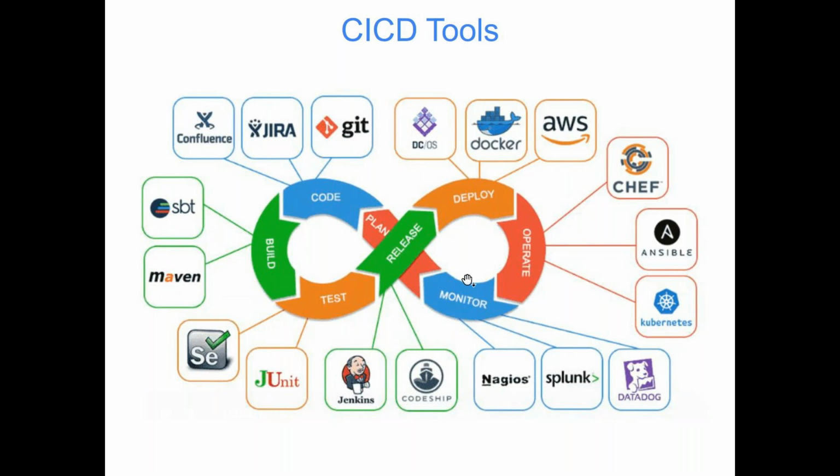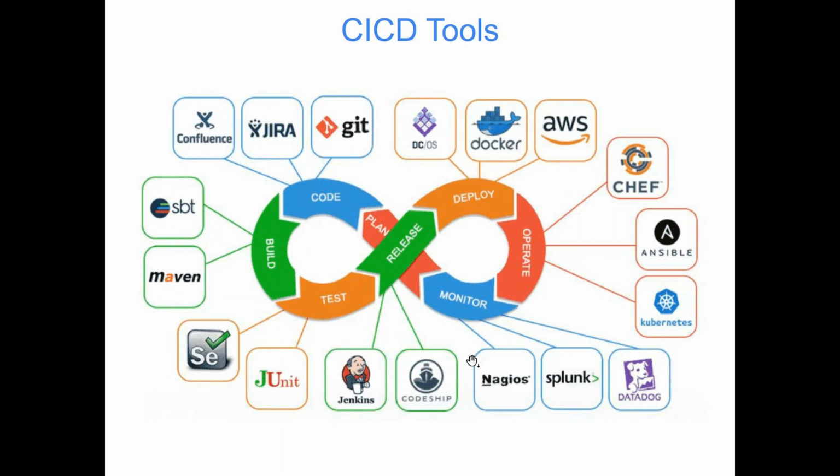Okay, so as I said earlier, you don't need to remember anything out of this. This is just to give you an idea of what different tools can be used for different phases of your project. For coding, building, testing, deploying, monitoring, different tools are available. And these are not the only tools available. There are many more tools available.